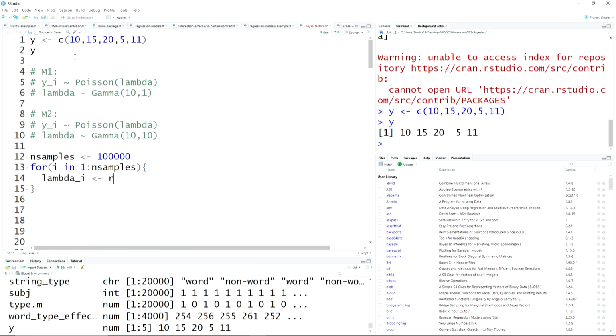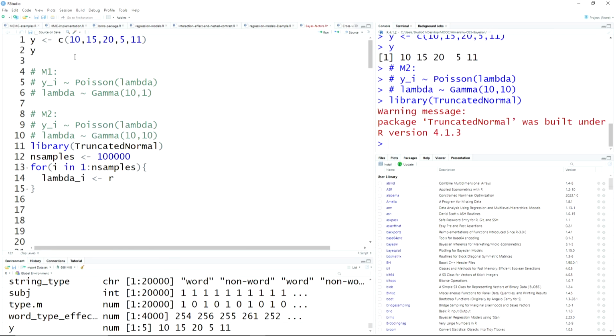So let us say the importance density is a truncated normal. Truncated normal is fine. So let's say the proposal density is truncated normal.